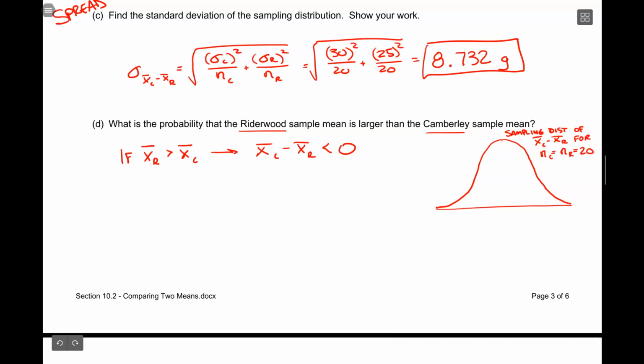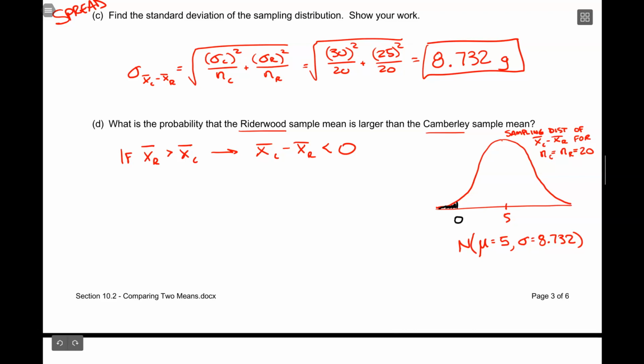So that sampling distribution has a mean of 5 and a standard deviation of 8.732. We calculated those values in the previous part of this problem. So if that mean is 5, and we're interested when the difference in those two statistics is less than 0, that means we have to find this shaded area right here.